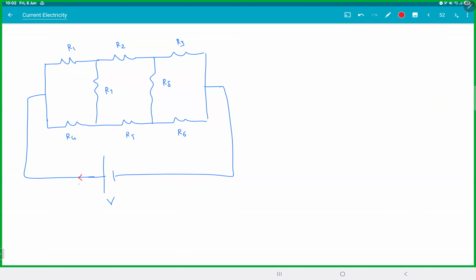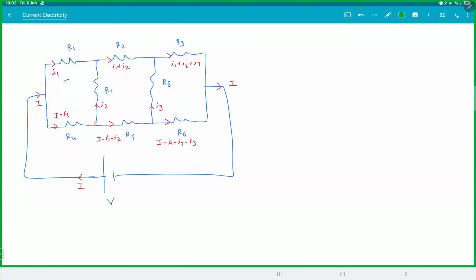Now for convenience, I will choose the current. So let this be I. Let this be I1. This will be I minus I1. Let this be I2. Then this will be I minus I1 minus I2. Let this be I3. Then the balance here will be I minus I1 minus I2 minus I3. This will be I1 plus I2, and this will be I1 plus I2 plus I3. And finally, I comes out. Is the distribution clear?